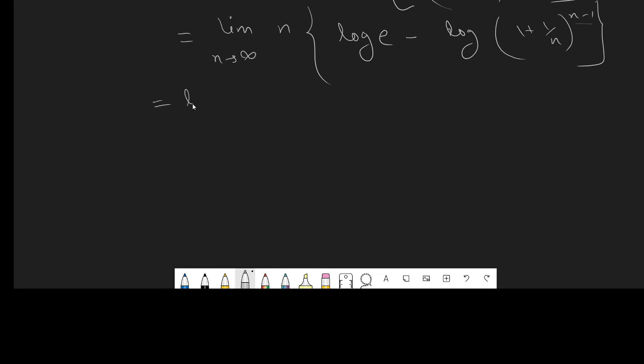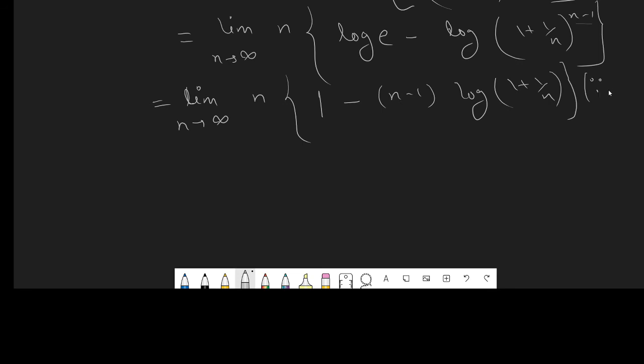So it will be limit n tends to infinity of log e, which is equal to 1. You already know that, so it is 1 minus (n minus 1) log (1 plus 1 by n), because log e is equal to 1.